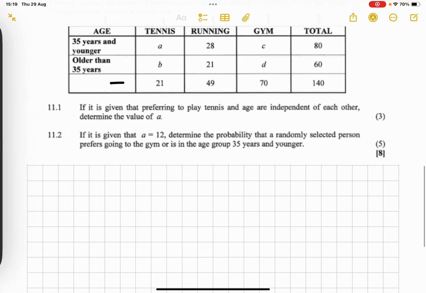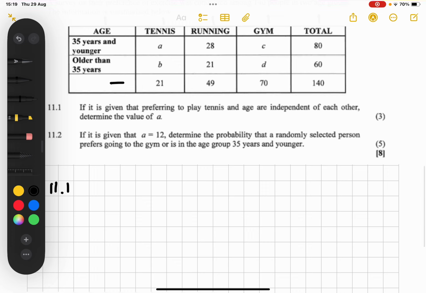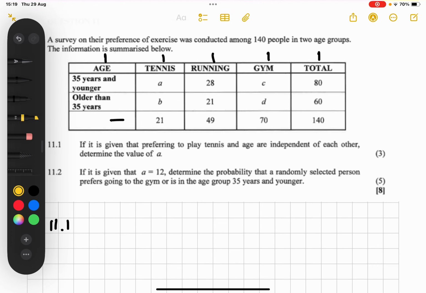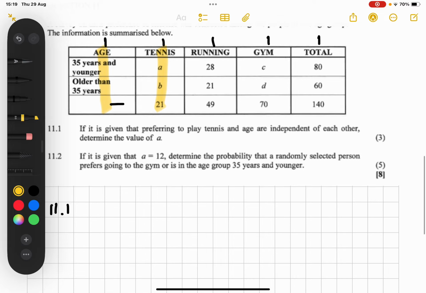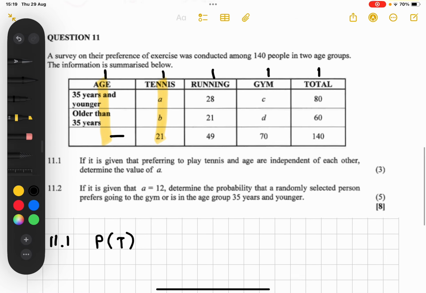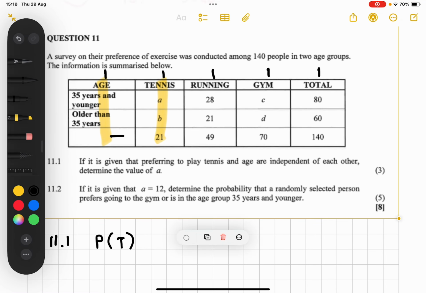For question 11.1, it asks us: if it is given that preferring to play tennis and their age are independent of each other, determine the value of A. If they're independent, that means the probability of tennis, I'll make that T, R, G, and young and old.